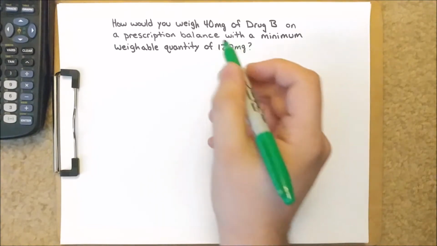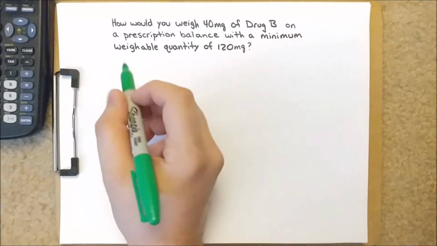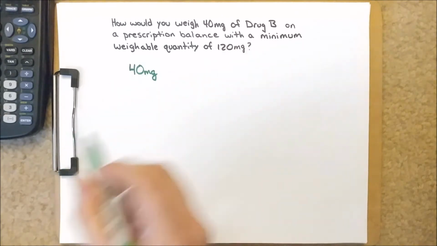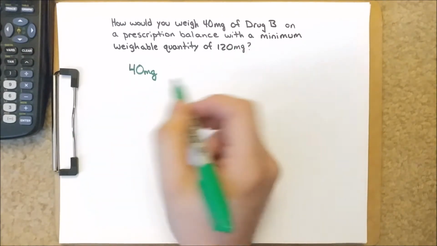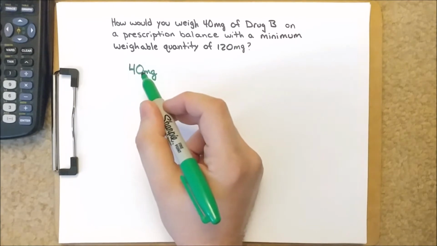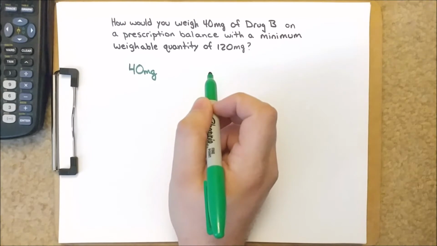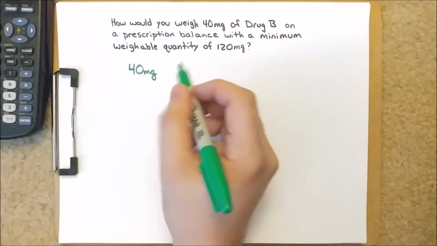For this, I'll just go over my method once again. So 40 milligrams is what we need. I subtract it from the minimum weighable quantity just so I can get a ratio of how much drug I need in the aliquot and how much diluent I need in the aliquot. And for this, the diluent will be lactose.